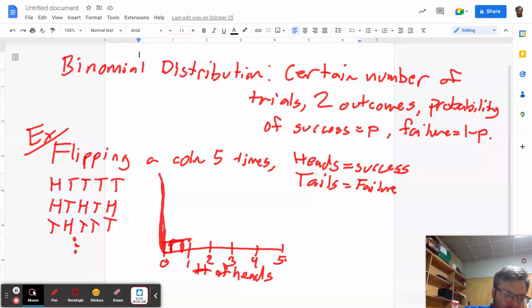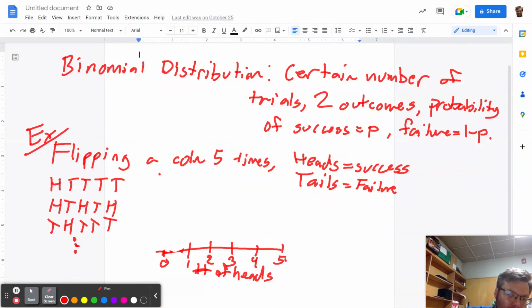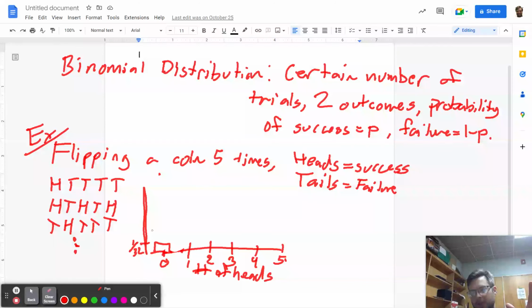Here, let me do that slightly differently. Let me scoot my axis over so I can center my bar at 0. I can have a bar at 0 with a height of 1 over 32. It's the only way that it can happen. Then you think about how many ways could you have 1 head out of there. Well, there are 5 different ways.